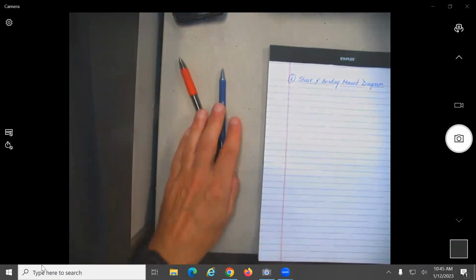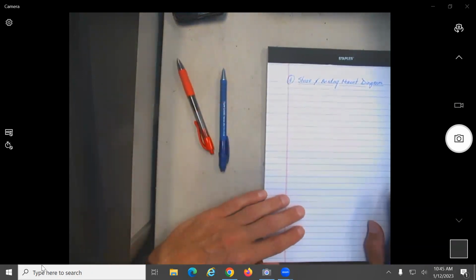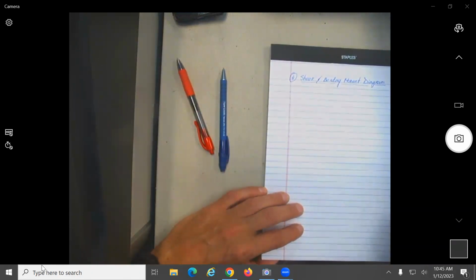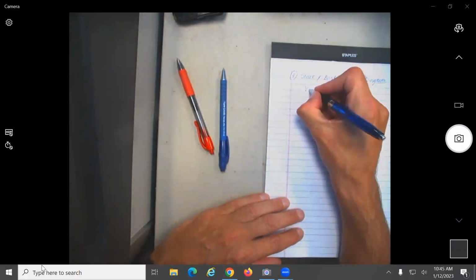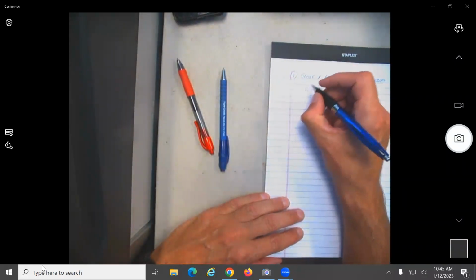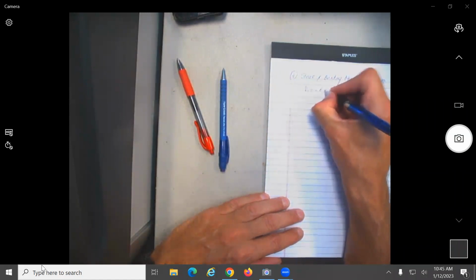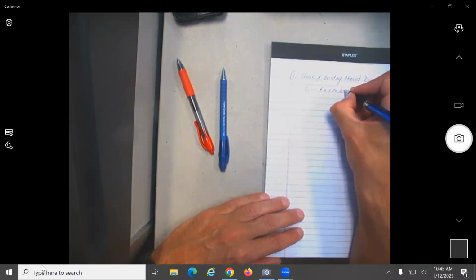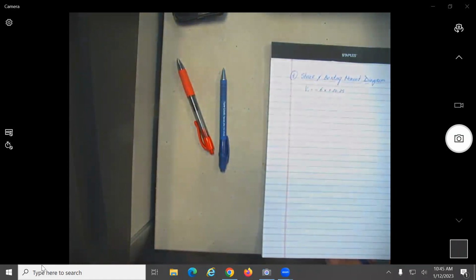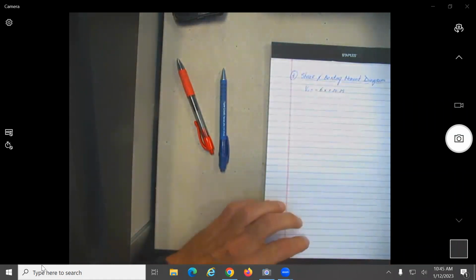Okay, so before we do the figure, let's try to recall the equations. We have V1 equal to minus 6x plus 20.25.